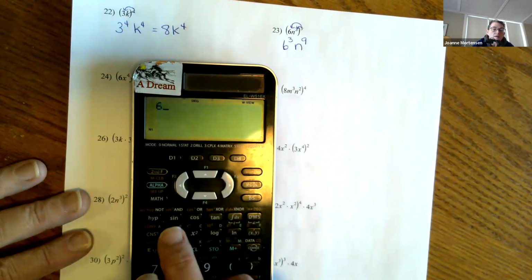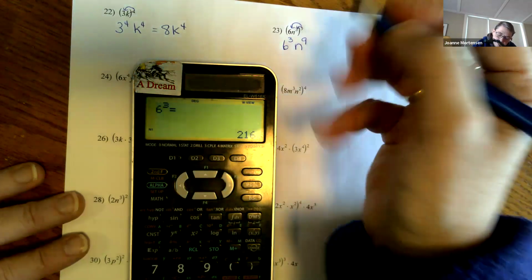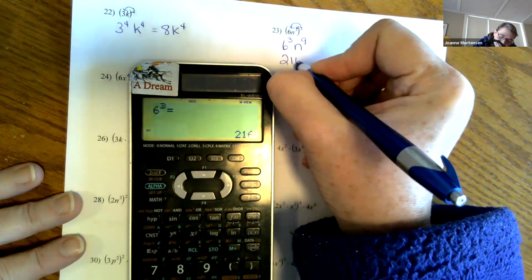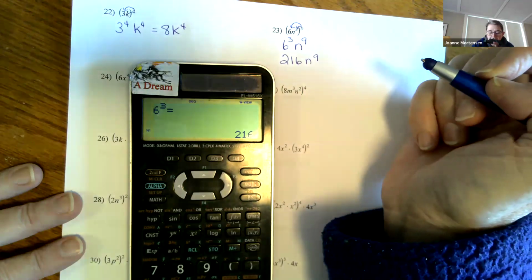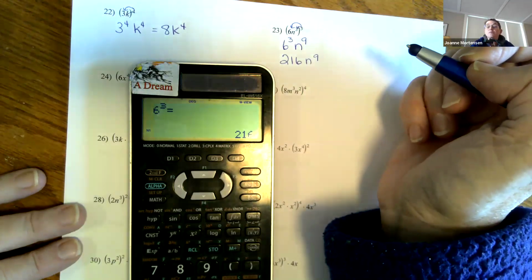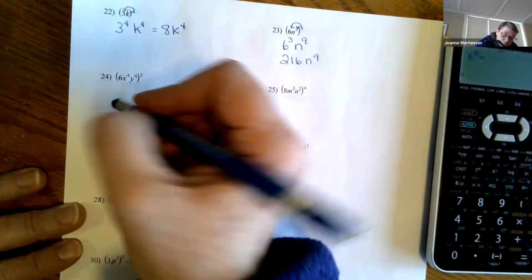Again, on mine, it's y to x. 6 to the 3 is 216. You're multiplying these. I don't know which you'll find faster, but make sure you pick one and use it all the time.